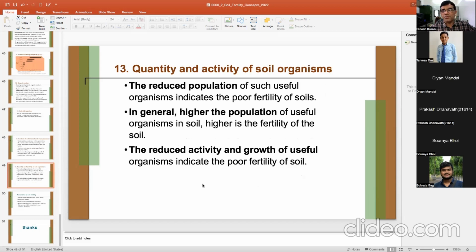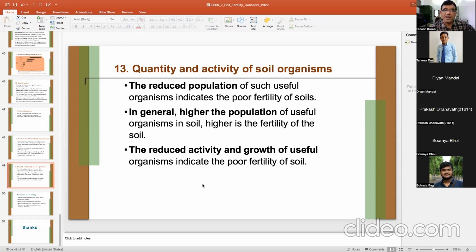Quantity and activity of the soil organisms. In fact, it is mostly related to soil organic matter and soil pollution. If you have a high level of soil organic matter, that means you will have high activity of soil organisms. Similarly, if you have a high level of soil pollution, the activity of microbes will be less. The reduced population of such useful organisms indicates the poor fertility of the soil.